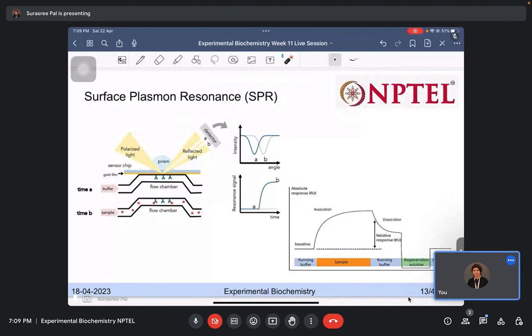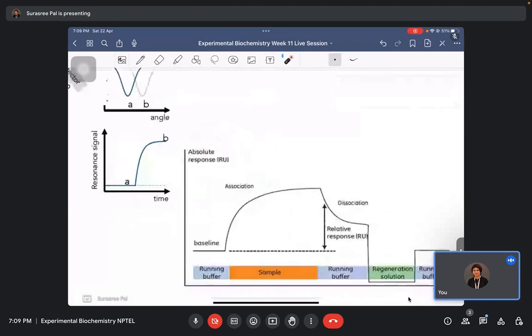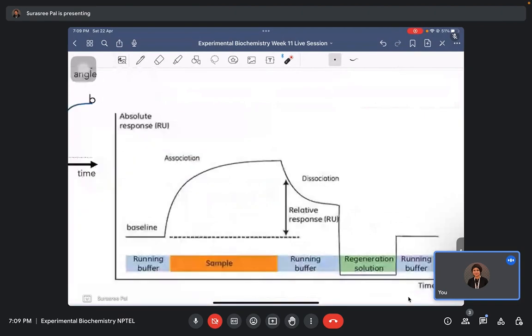They cannot bind to proteins anymore, so the reaction becomes irreversible, and we can observe a decrease in the response.